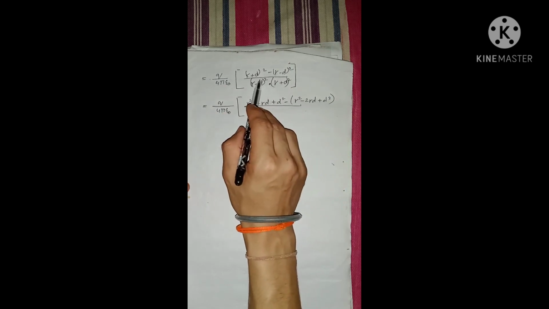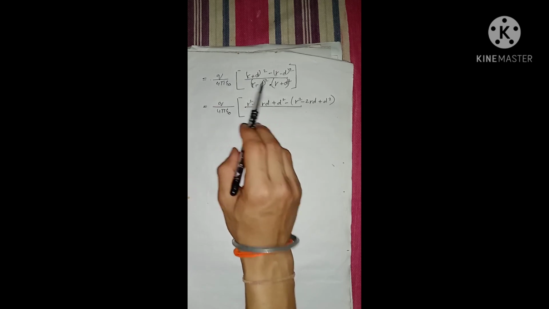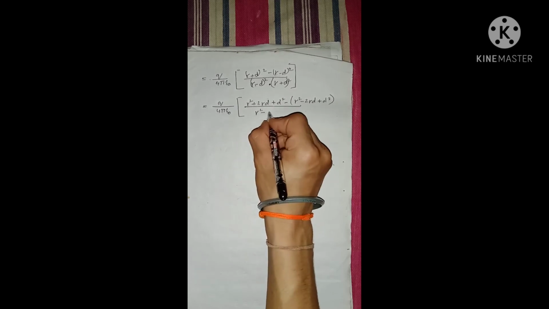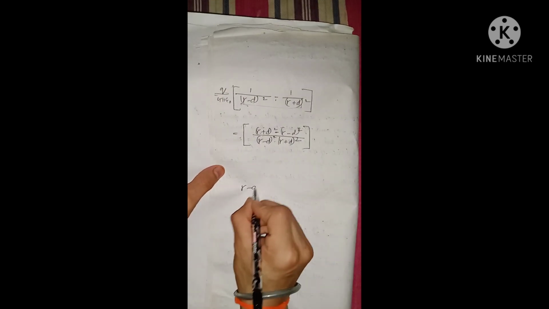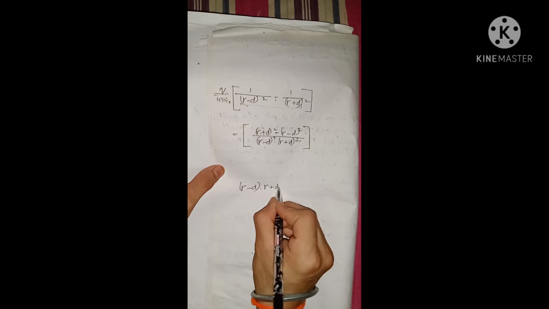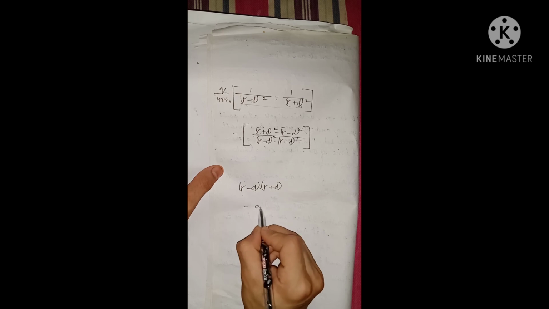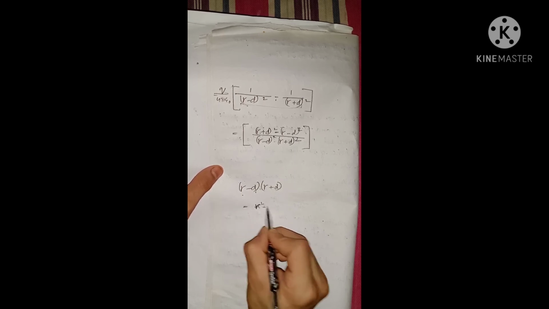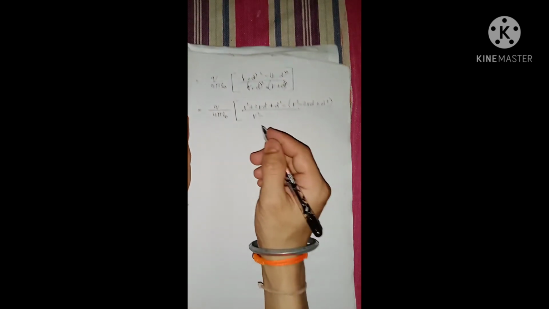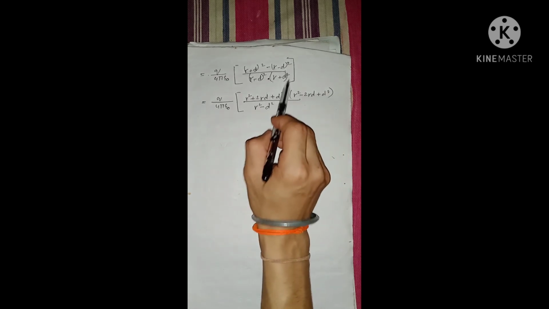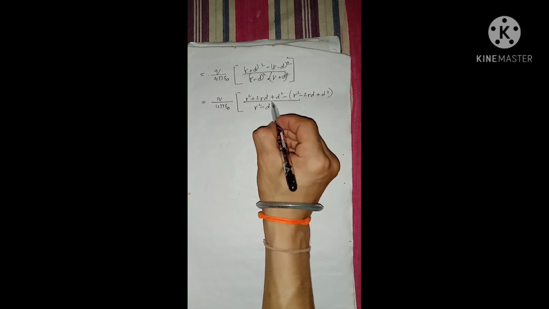So instead of this, we put in the formula: a minus b whole square into a plus b whole square will be equal to, look here, R minus D into R plus D whole square. We know the formula a minus b into a plus b is equal to a square minus b square, R square minus D square. Now we can write here R square minus D square, and here the square is already there, so we can write here square.